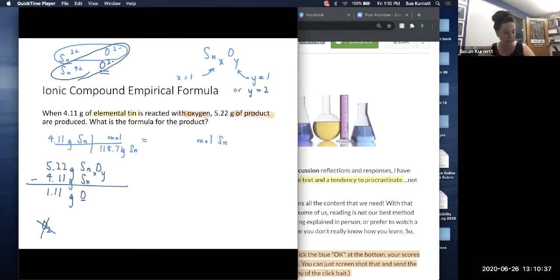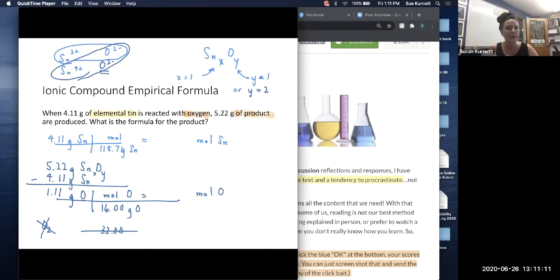I'm going to do that same idea for oxygen, but I'm treating oxygen as oxide. 16, not 32, grams of oxygen atom per mole, because I'm really imagining it being oxide. And those 2 extra electrons, they don't have much mass. So that's me thinking there. Okay, and then I'll come up with some moles of oxygen, which is really oxide. And I'm not going to do any rounding. I'm going to save the rounding until I'm ready to put a box around my answer.